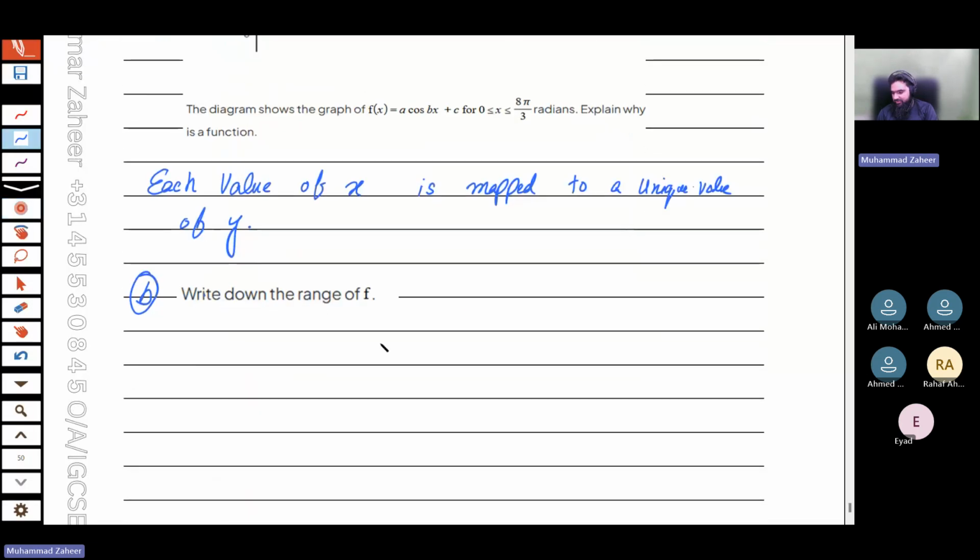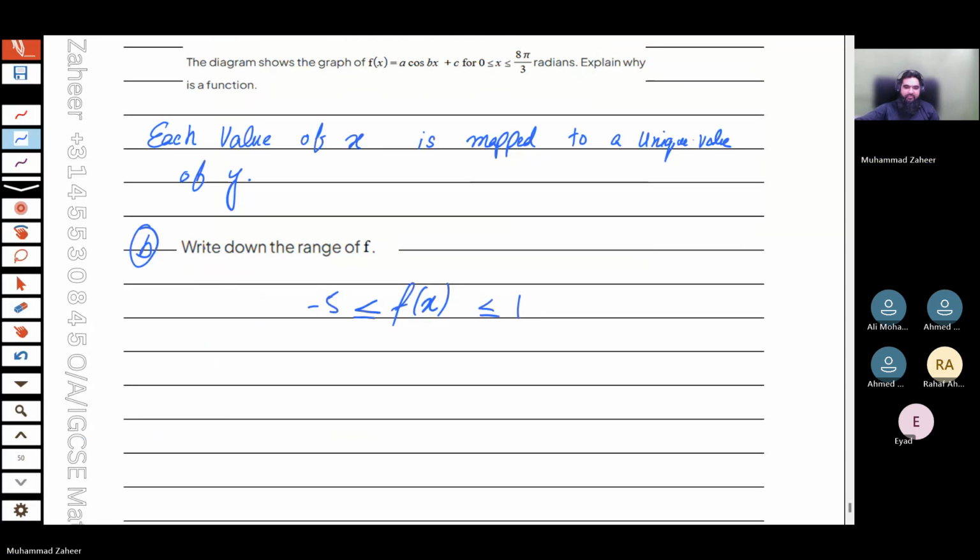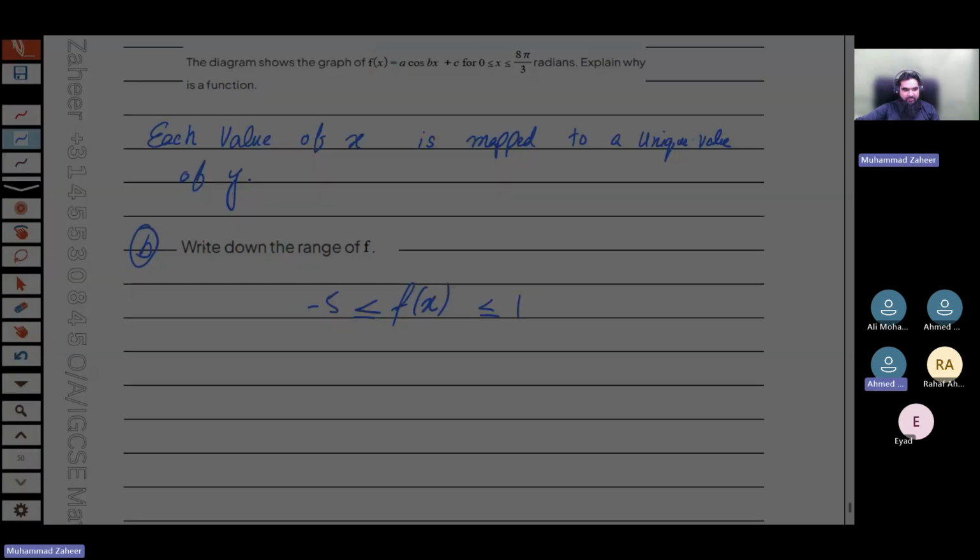So the range of this function is f of x greater than or equal to -5 and less than or equal to 1. Yes, everyone, is it clear?